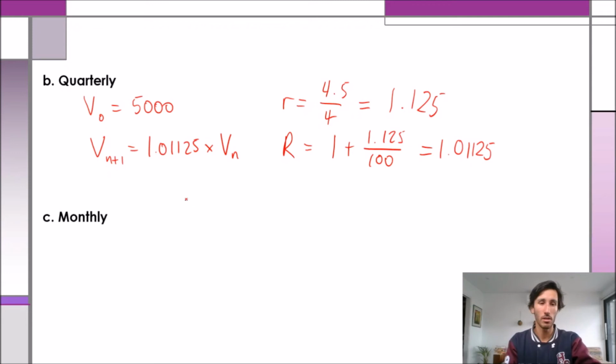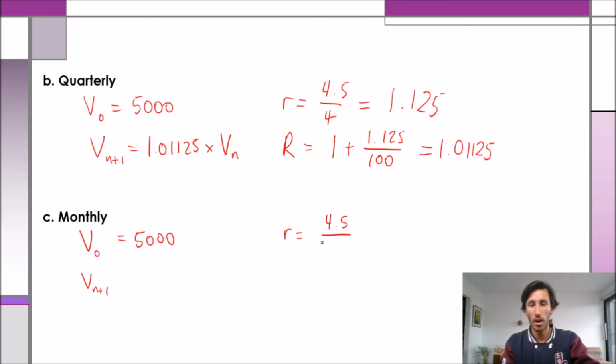For monthly, I think you guys can guess what we're dividing by, unless you don't know how many months are in a year, in which case please learn that. Our little r is now 4.5 divided by 12. There's 12 months in a year. And that is equal to 0.375, which means our capital R is equal to 1 plus 0.375 divided by 100, which is 1.00375.